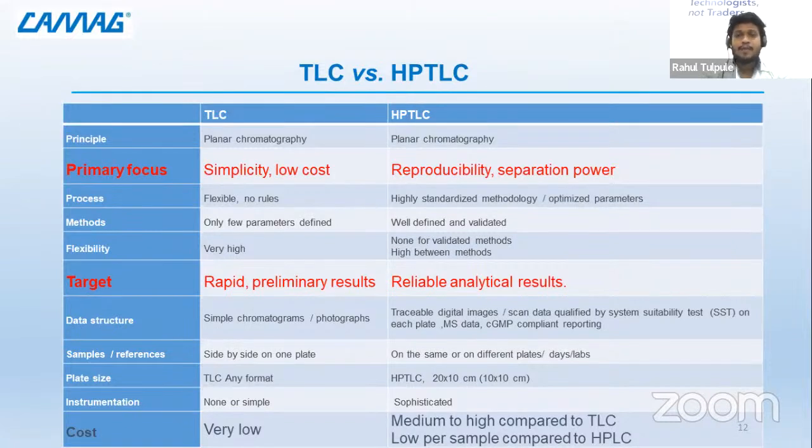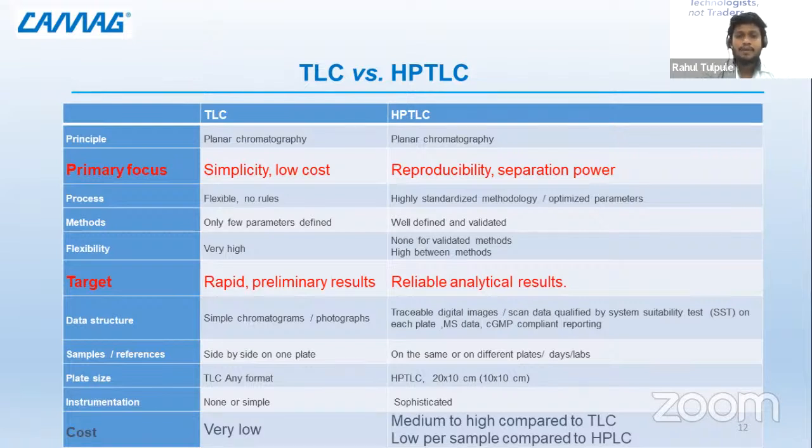As we are comparing this, we'll move through it quickly. Both of them are planar chromatography. For TLC the primary focus is simplicity and low cost, whereas here it is reproducibility and separation power. TLC is flexible, while in HPTLC a standardized methodology and optimized parameters are used.